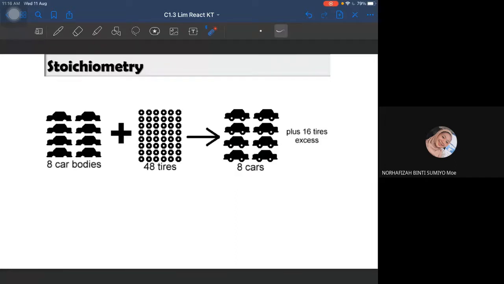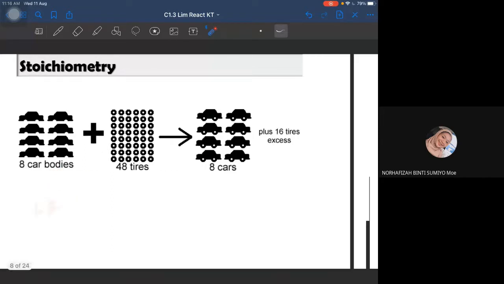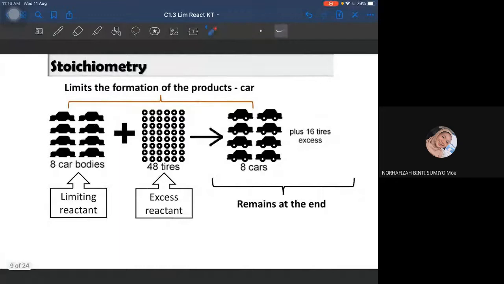Okay, so kenapa? Sebab these car bodies dia adalah limiting reactant. Okay, so this is the limiting reactant. Yang lebihan adalah tayar lah. Okay, so berapa tayar yang lebih? Kamu kena buat kiraan. Okay, kita akan tolak semula lah. Contoh, satu kereta guna 4 tayar kan?